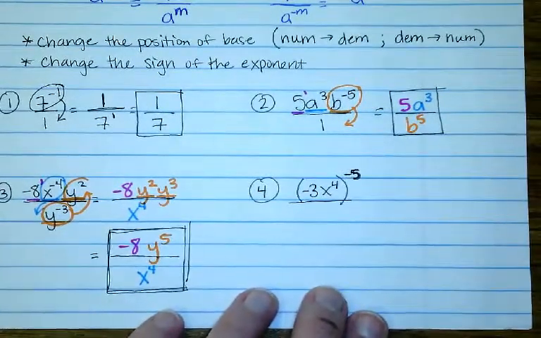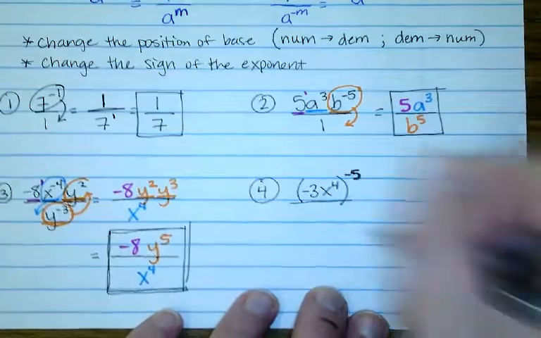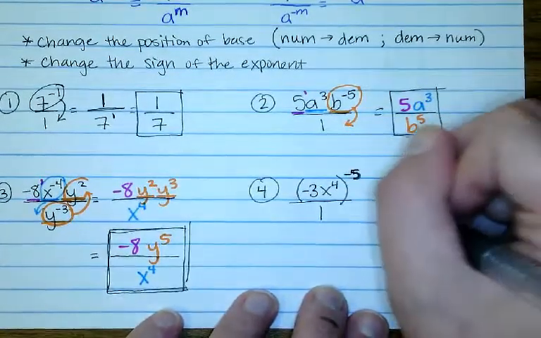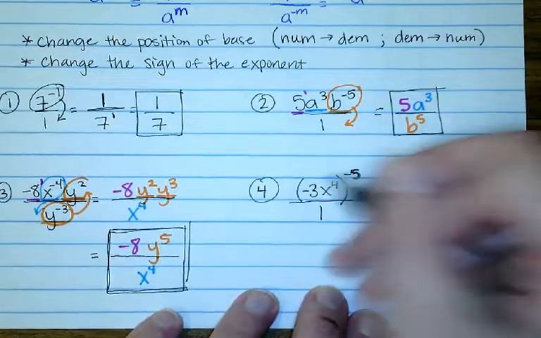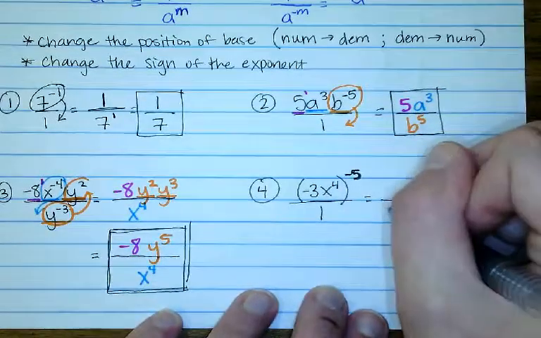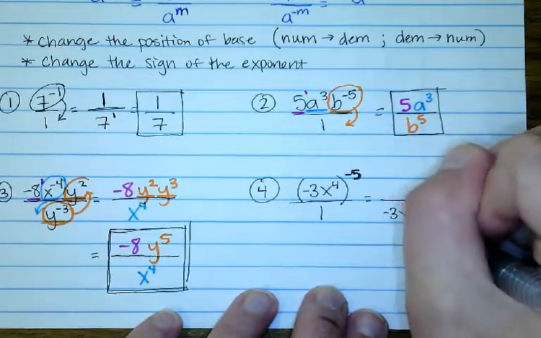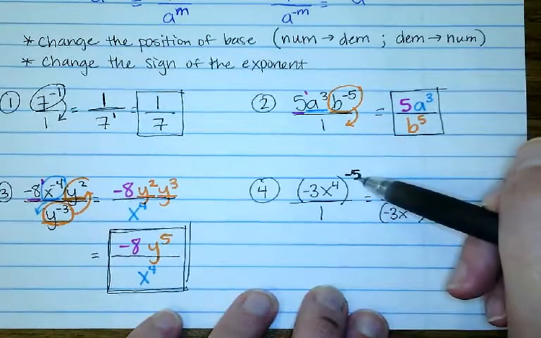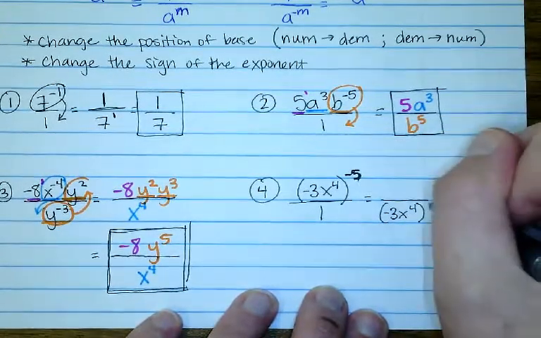I recommend, for this particular one, moving it first. So this entire thing, negative 3x to the 4th, will move down to the bottom, because it's all being raised to the negative 5th power. So now it's all going to be raised to the positive 5th power.